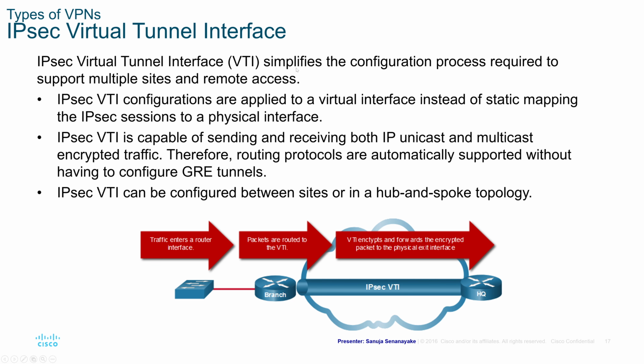So if you have a branch site and the head office site, you can create those VTIs so that traffic enters an interface here, and then the packets are routed to the VTI, and then the VTI encrypts and forwards the encrypted packet to the physical exit interface of that branch router, and it goes into the HQ router. So that's how IPsec VTI works.